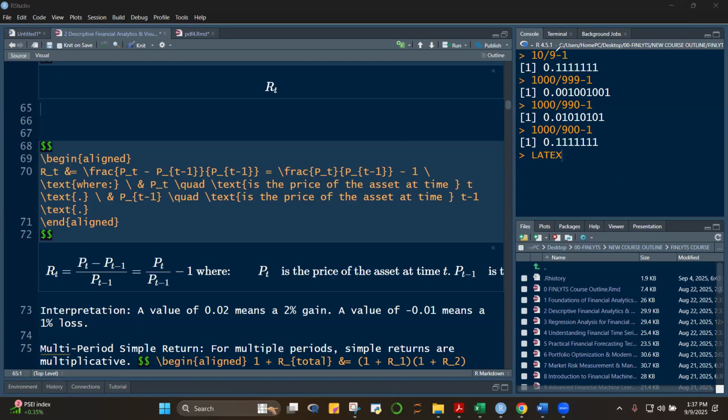Because this one is P sub t over P sub t minus 1. So what's this value? This is the new value, P sub t, assuming it's the value now, minus the value yesterday, P sub t minus 1, over the price yesterday, P sub t minus 1.